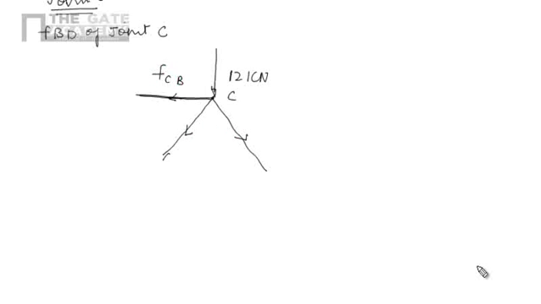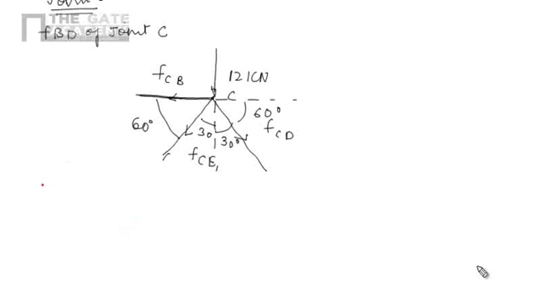This force will be FCB, this force will be FCE, and this force will be FCD. When we talk about this angle, it will be 60 degrees. Here again we have 30 degrees, 30 degrees, and this one is 60 degrees. So this is also 60 degrees. This is the free body diagram for joint C.